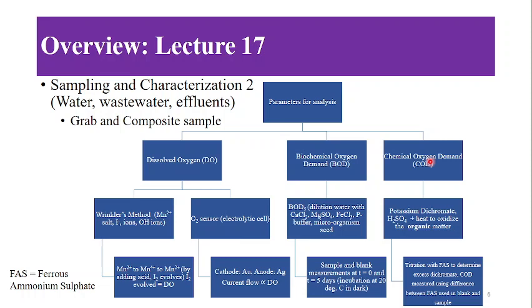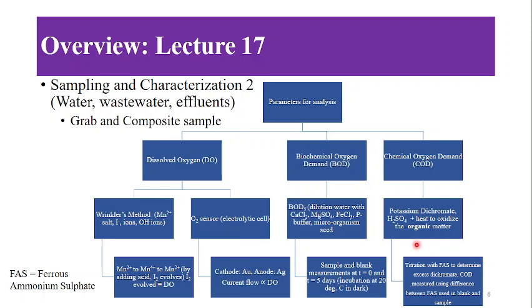But according to this definition, it is only used to measure the organic matter. So if there is any inorganic matter present in the sample, you need to first remove it and then use the COD method. You add the potassium dichromate along with sulfuric acid and heat it.